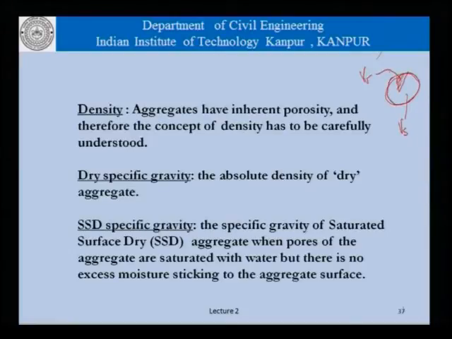So, dry specific gravity means this volume is not filled with water, and the total volume that is taken could be simply Vs, or if it is impossible to determine Vs, it could be Vs plus Vp, because Vv, that is the volume of voids in the coarse aggregate, is really very small. In the case of SSD, this is saturated with water, and we get the mass and the volume, and we determine the SSD specific gravity.